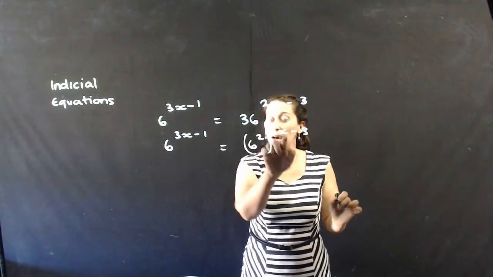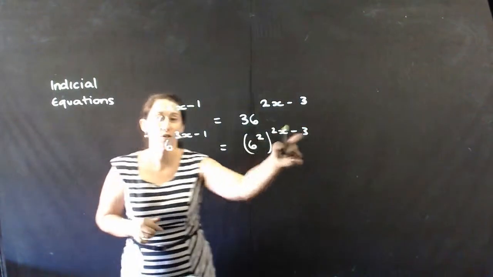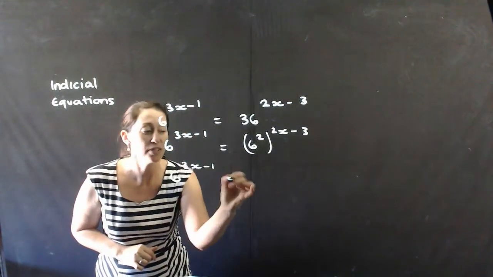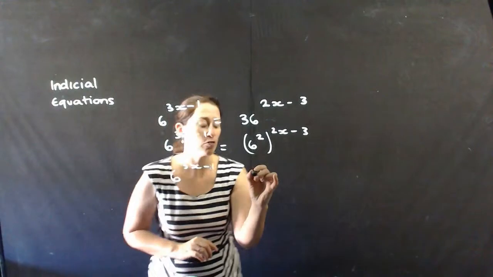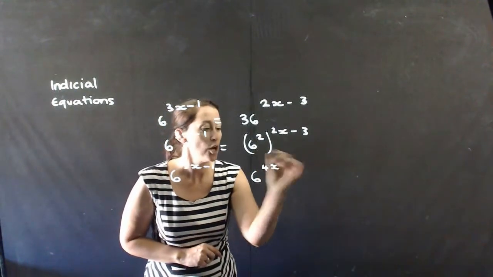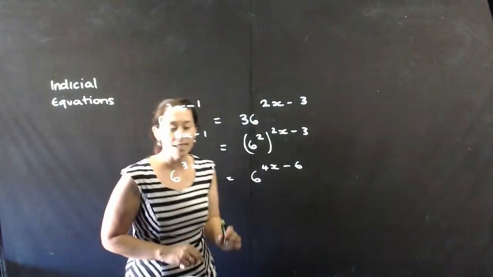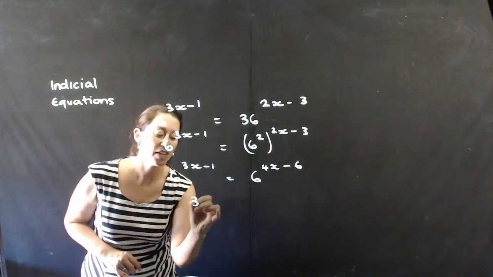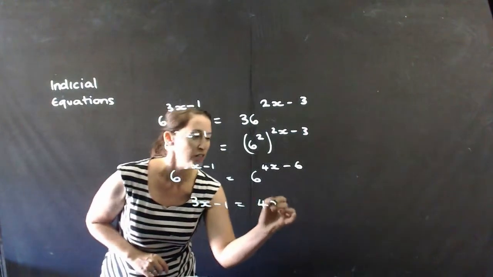Now obviously I've got a power raised by another power here, so I do need to do my multiplying. So before I can equate the powers, it's 6 to the 2 times 2 is 4x minus 2 times 3 is 6. Now the bases are the same, I can equate the powers and then go on and solve the equation.